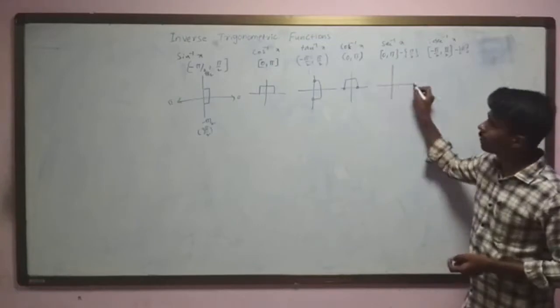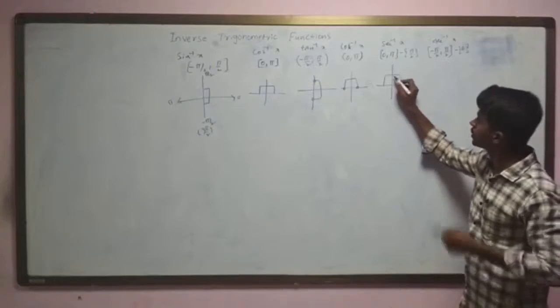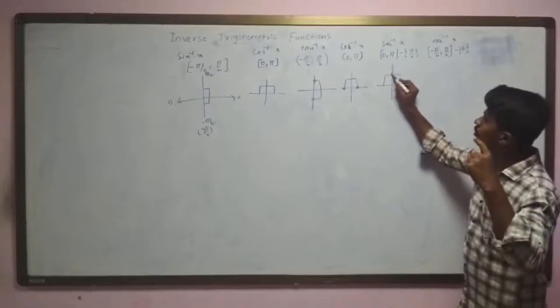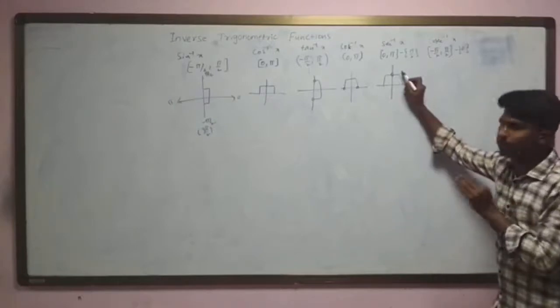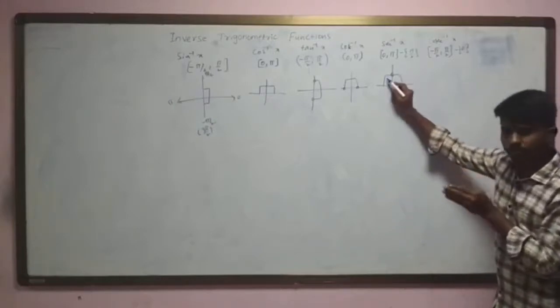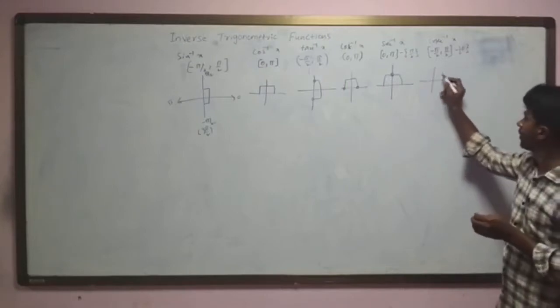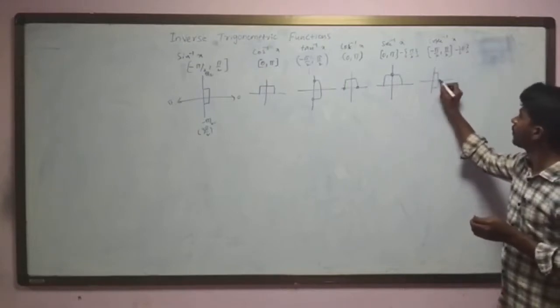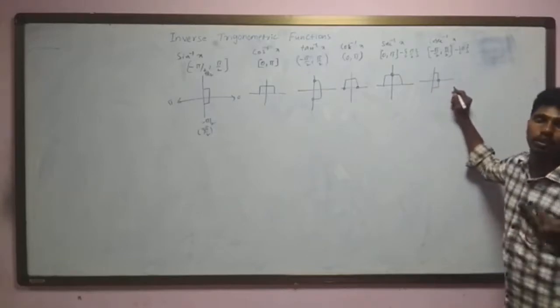Secant inverse x is the same as cos, but in this case secant of 90 is not defined, so 90 degrees is eliminated. So secant inverse x lies in between first and second quadrant. Cosecant inverse lies in between first and fourth, and we have to exclude 0, because for 0, cosecant is not defined.